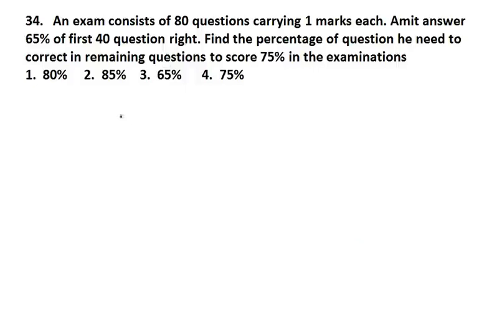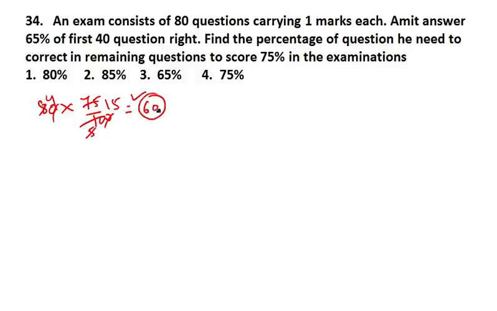Now tell me, first in this type of question, do one thing. He has 80 as the total questions. Out of 80 he needs 75%, it means he needs how much? 60. He needs 60 marks.